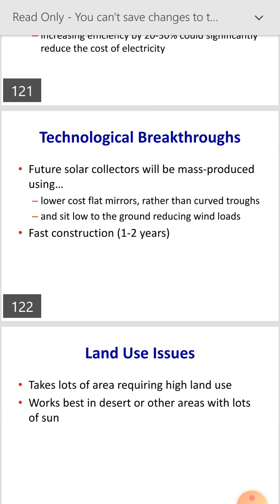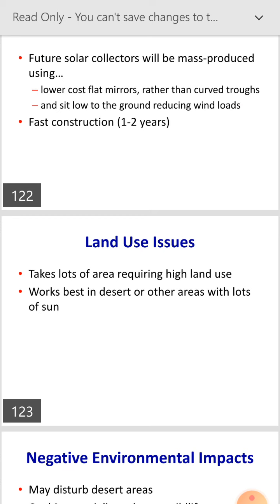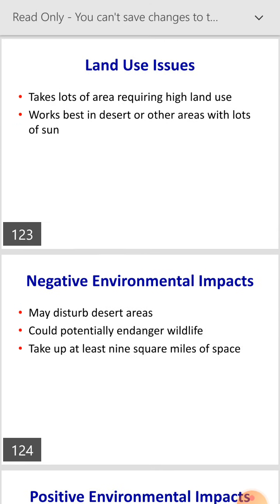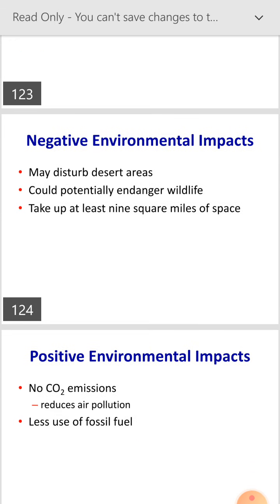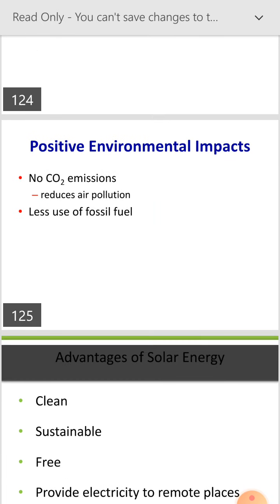Fast construction. Land use issue: takes a lot of area, requires high land use, work based in desert or other areas with few other options. Negative environmental impact: may disturb desert areas, could potentially endanger wildlife, take up at least 9 square miles of space.